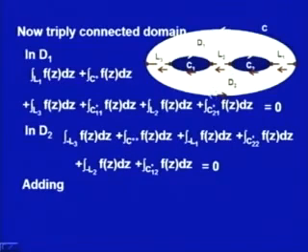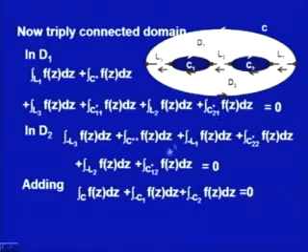So what we get is the integral of f(z) along the boundary C plus the integral of f(z) along the boundary C1 in the negative sense, which I write as minus C1, plus the integral of f(z) along the boundary C2 in the negative sense, which we write as minus C2. You see, I am always using the negative sense and positive sense here.